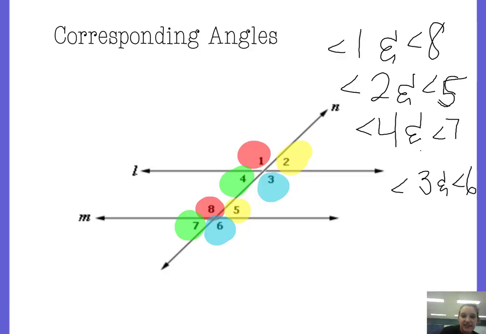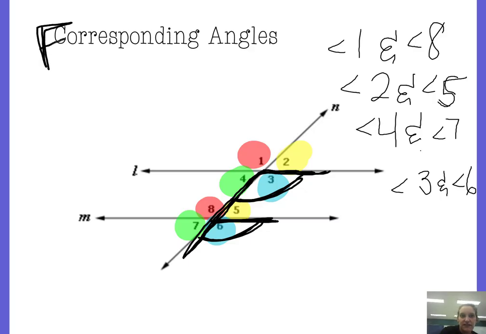And the shortcut is they make an F, which is kind of hard to tell, but do you see, here's an F, angle 3 and angle 6 make an F, so you can think of them as corresponding. It's dumb, but it helps.